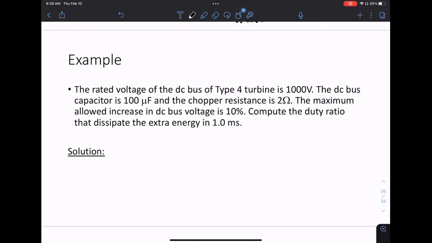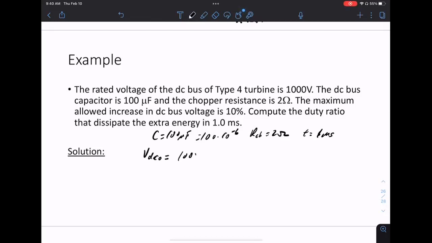So this is simple. All this comes down to writing out the numbers. C here is 100 microfarads, or 100 times 10 to the minus 6 farads. RCH is 2 ohms. T is 1 millisecond. The operating voltage is 1,000 volts, and the maximum voltage you can see during this is 10% higher, so 1,100 volts.